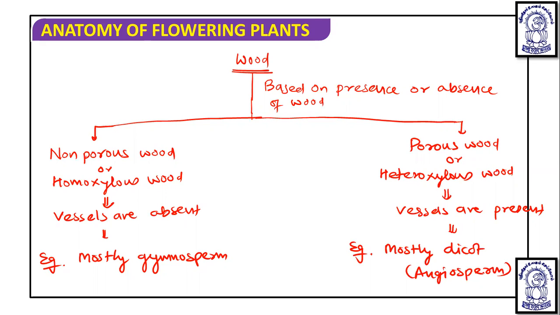Now further, porous wood, on the basis of arrangement of vessels, is divided into two groups. So now we are going to classify the porous wood, where the vessels are present in case of the angiosperms.